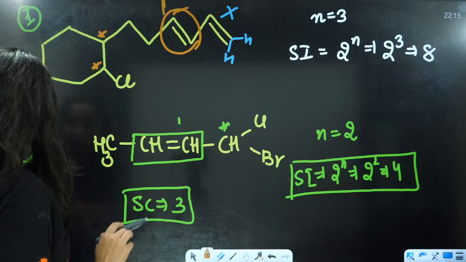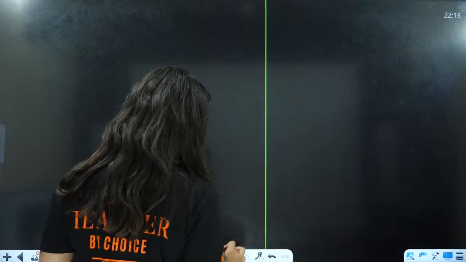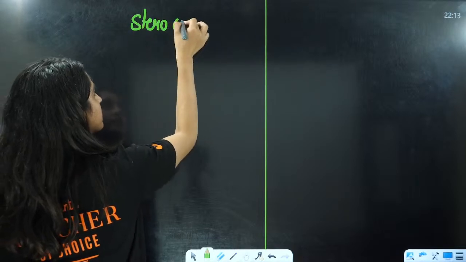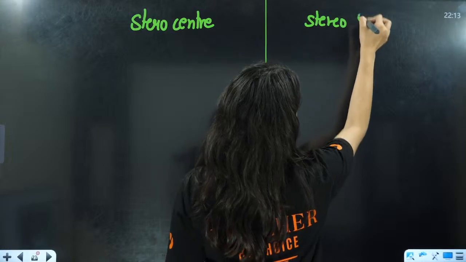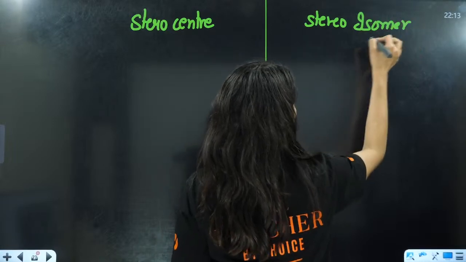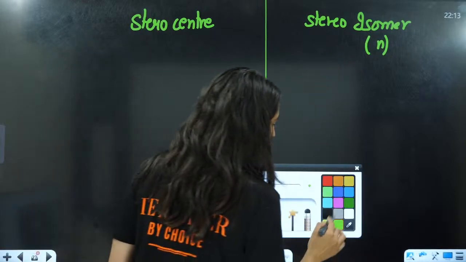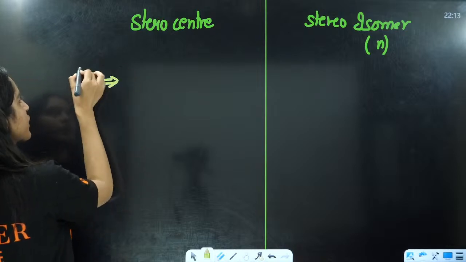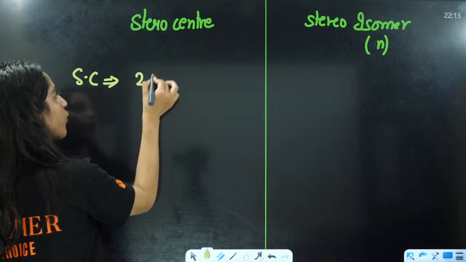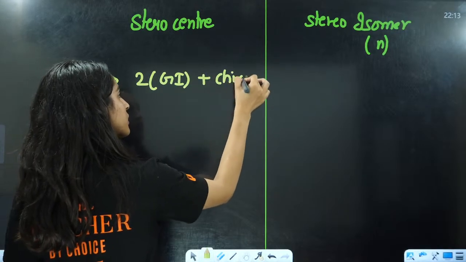So this is the difference. When you calculate stereocenters and when you calculate stereoisomers, n, that is the system, the number of n that you have, is what goes in the formula. Here, stereocenters equals 2 into geometrical isomers plus chiral centers.